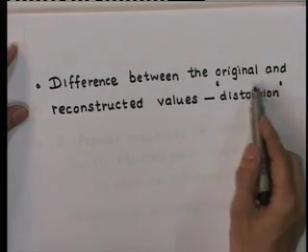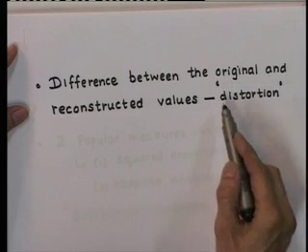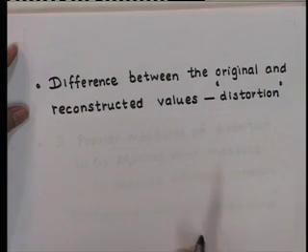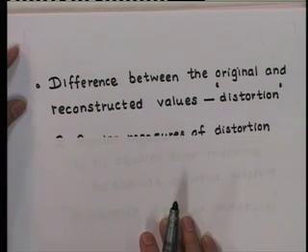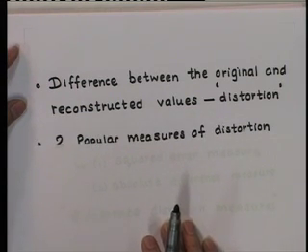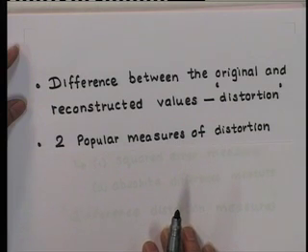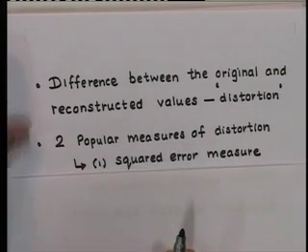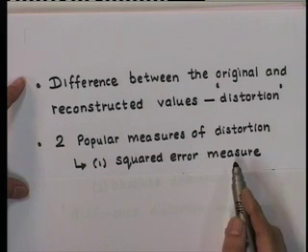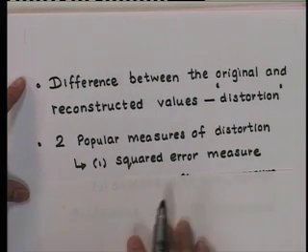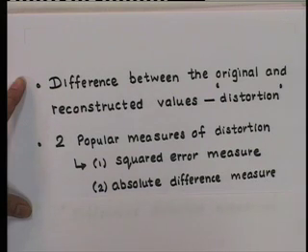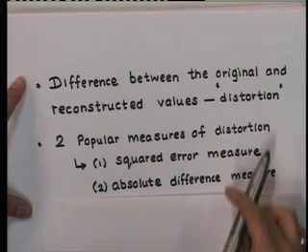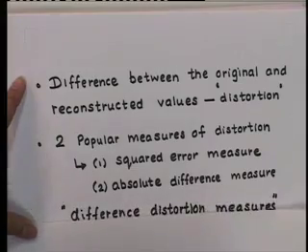In other words, the distortion introduced in the compression process. Now, there are two popular measures of distortion or differences between the original and reconstructed sequence, and these are the squared error measure and the absolute difference measure. Both of these are called difference distortion measures.